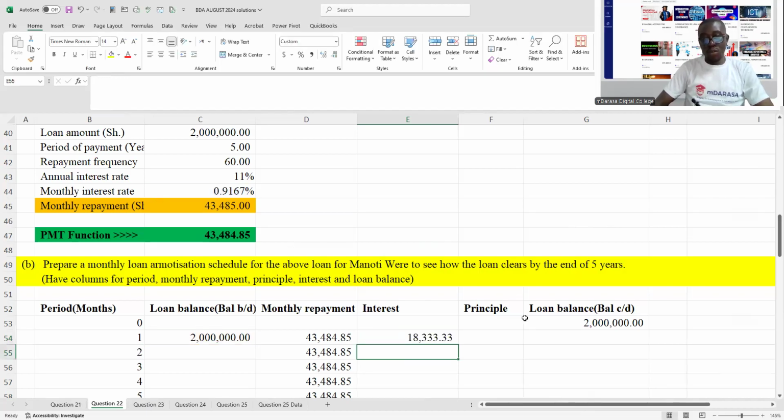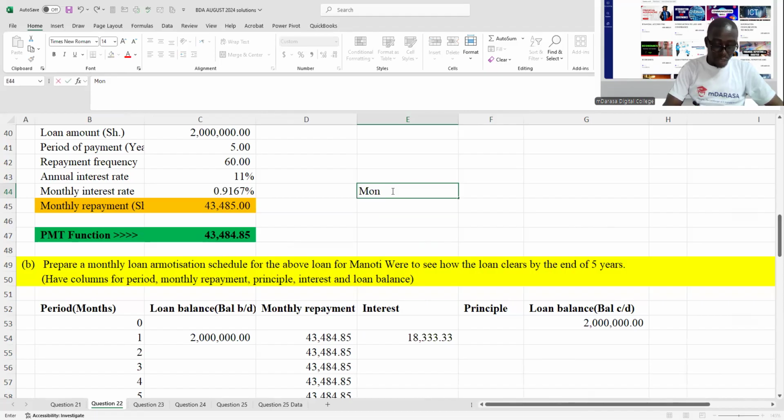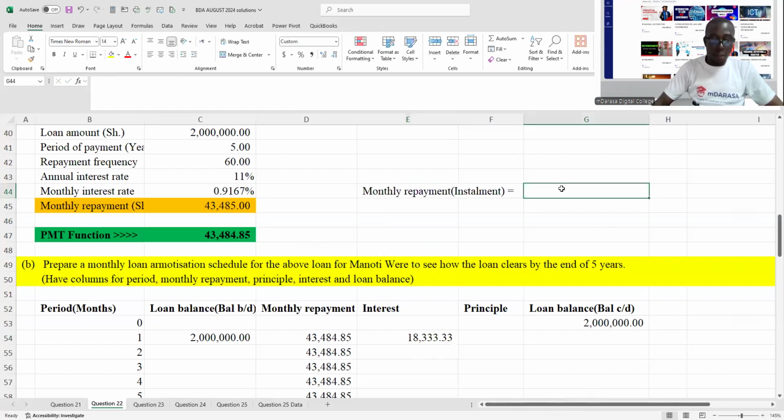Okay. Once we have that, determining our principal value here, we'll be talking about what? Note that anytime I talk of the monthly repayment, or simply the installment, our installment will always be equal to the principal value plus our interest.